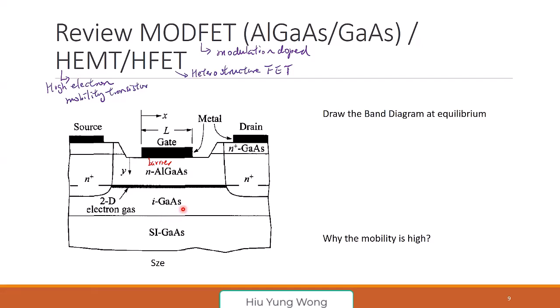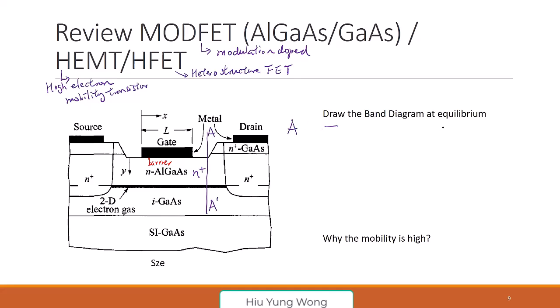How do we form the channel? You see the source and drain. Let's ignore it, we know it's heavily doped. And you form the channel by doing this. This one is heavily doped with electron. So if we try to draw a band diagram, cutting here, A to A dash.